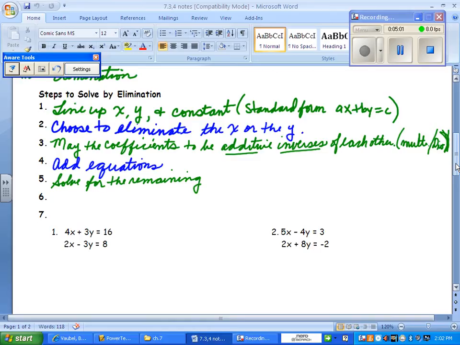And step number 6, you're going to back substitute to find the other variable.